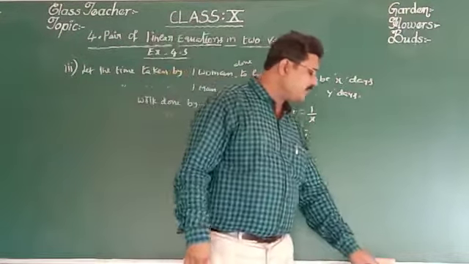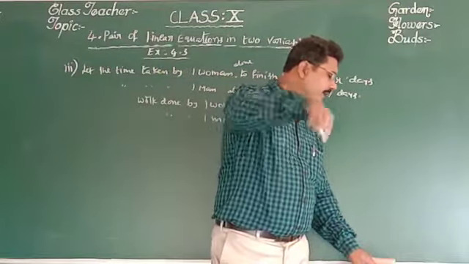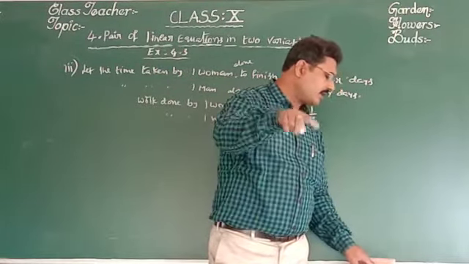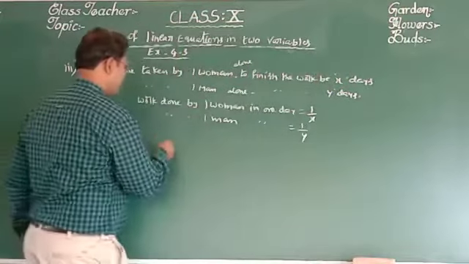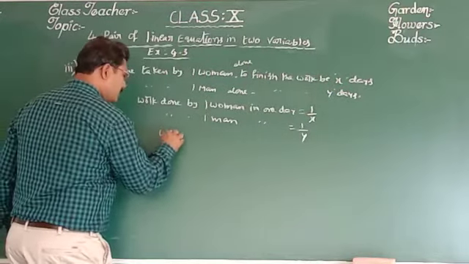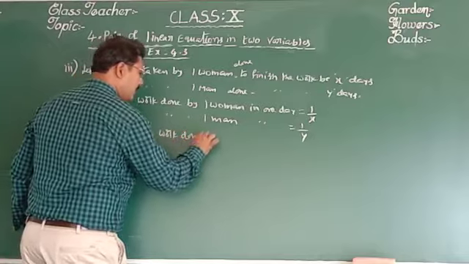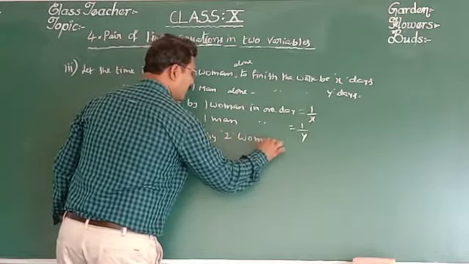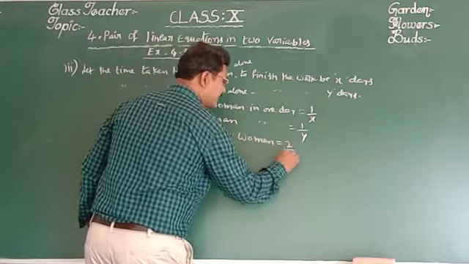Next, by the problem you see, the first part is given: work done by 2 women and 5 men. So work done by 2 women in 1 day is equal to 2 by x.